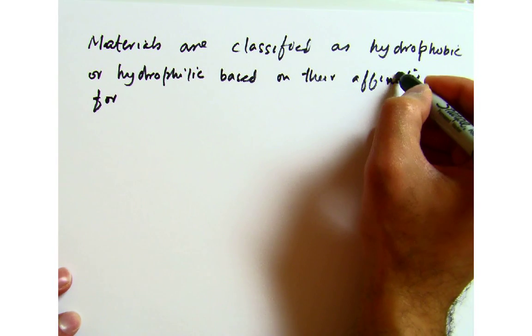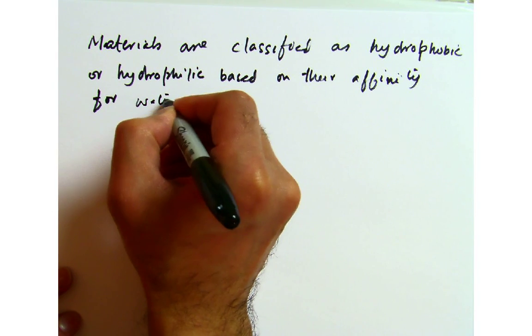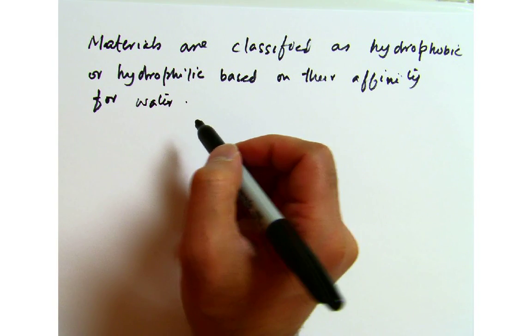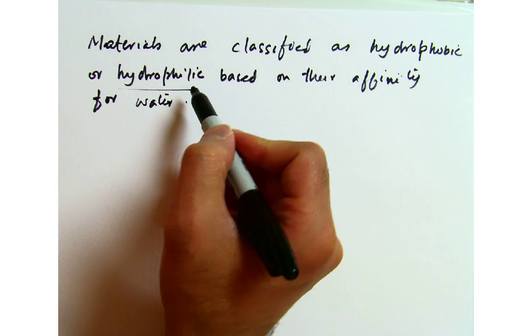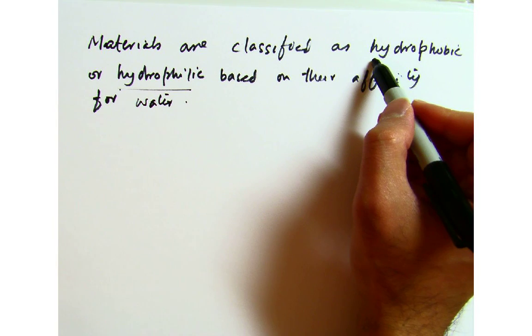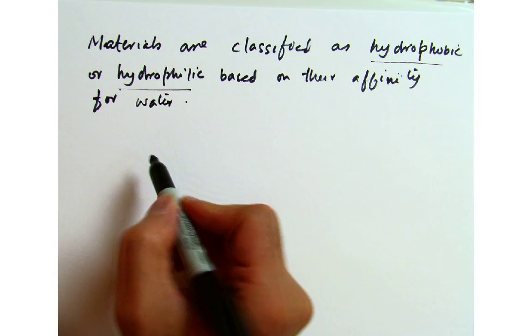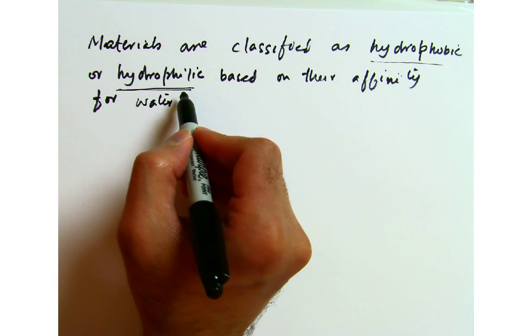So based on their likeness for water. If water wets a surface, then it's hydrophilic. If the water does not wet a surface, then it's hydrophobic. And again, both have their own advantages.